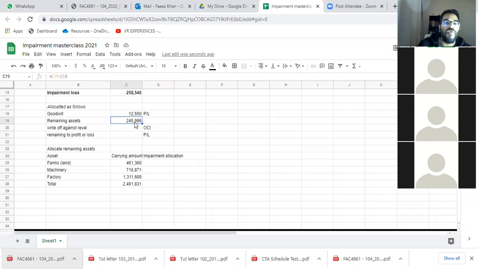We're going to allocate the 245, because the impairment loss after goodwill has been allocated must be allocated to the remaining assets that fall within the scope of IAS 36 on a pro rata basis based on their carrying amount. So we will say farm as a percentage of total remaining carrying amount. That is the pro rata, multiplied by the remaining impairment. Okay, so I'm just going to drag this down.